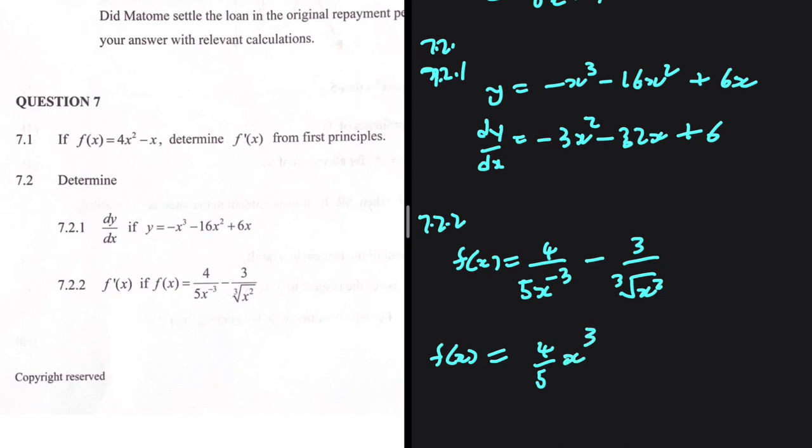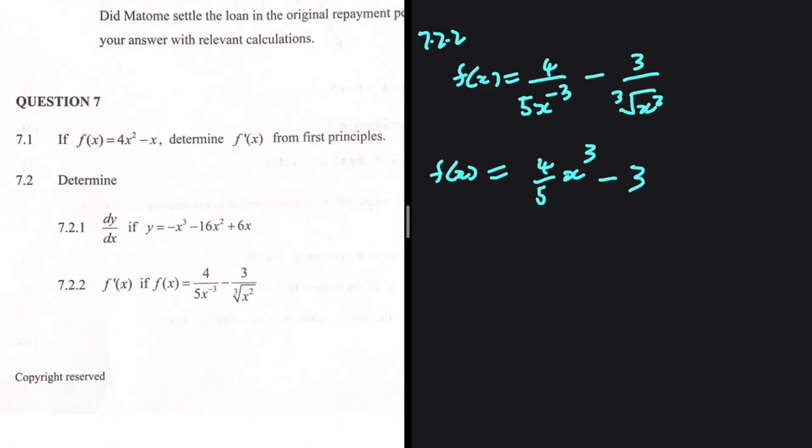If it is x to the power minus 3 and it is on the denominator, when you put it on the numerator, it's going to be x to the power of 3. We have the cube root of x squared. This is just equal to x to the power 2 divided by 3. So we're going to have x to the minus 2 divided by 3. Now we have our equation in our usual format.